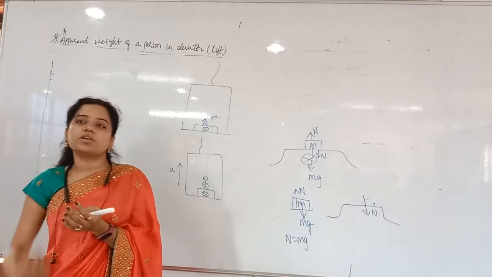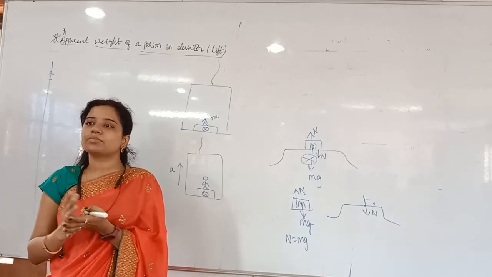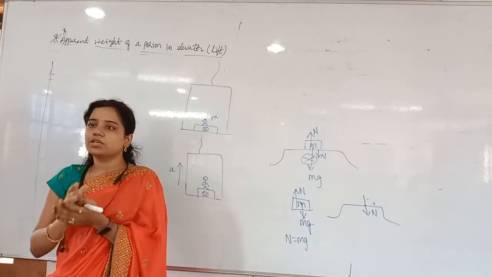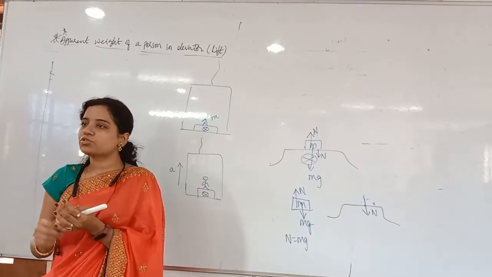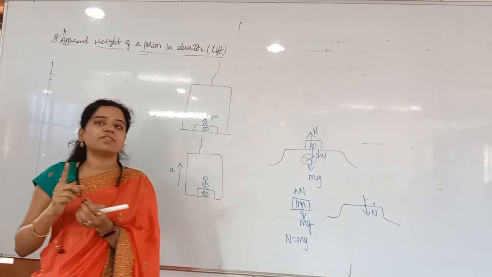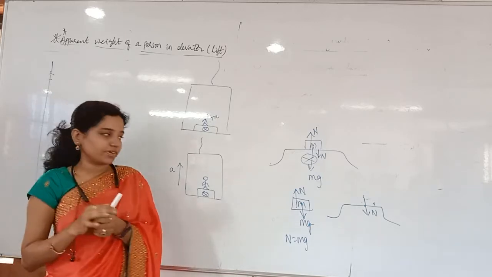Whenever the lift is going in upward direction, machine is feeling more weight, nothing but there is more force on the machine. Also, there is a more contact force on the machine. So, who will be responsible for apparent weight always? Normal reaction on the weighing machine will be responsible for that.